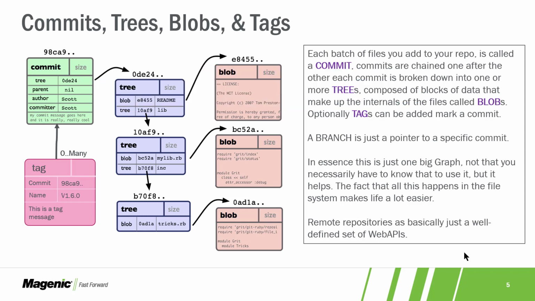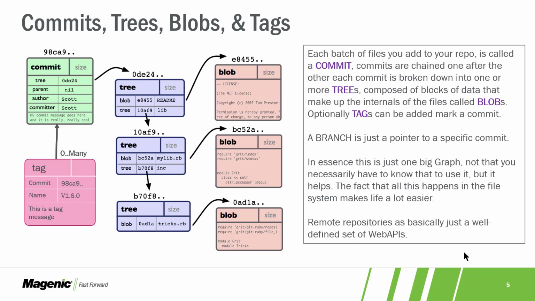When you create additional branches, each one of those gets a head too, and they simply are a pointer that points to a specific commit. And what this allows Git to do is that if you're trying to merge two branches, it figures out where the branches diverged from each other, and then attempts to stack the commits one on the other, pulling their trees, blobs, and tags behind them in order to make the contents of the to branch of the merge the same as the from branch of the merge, with whatever additions were in the other branch.